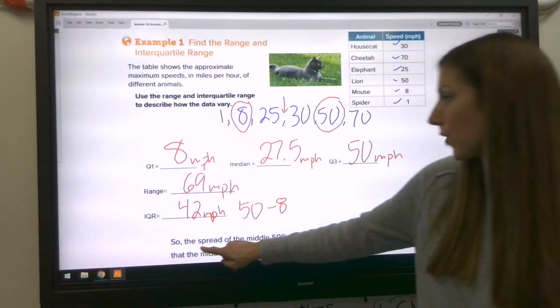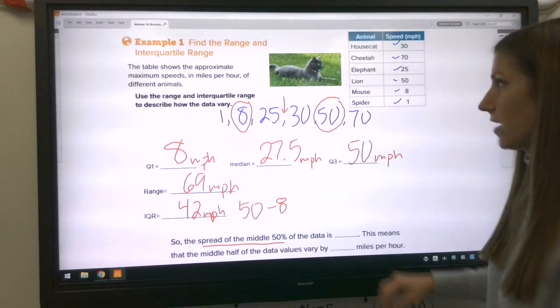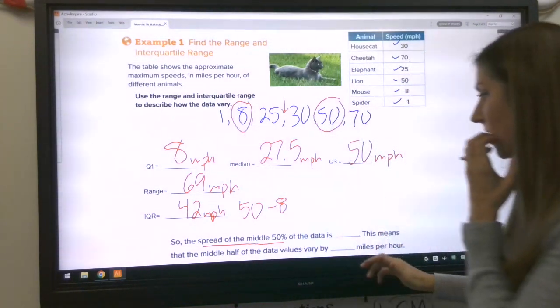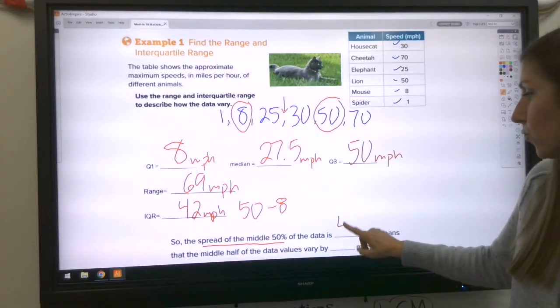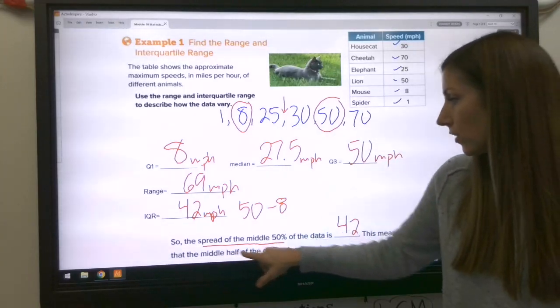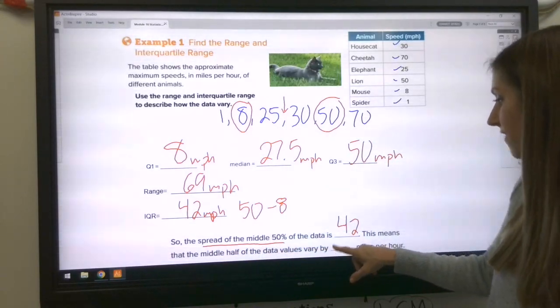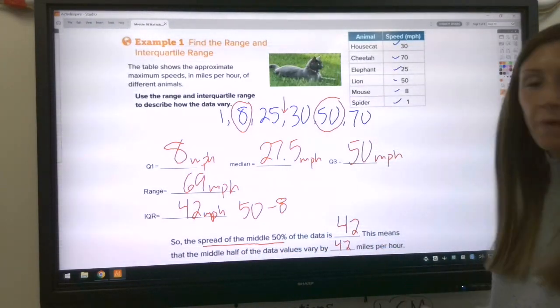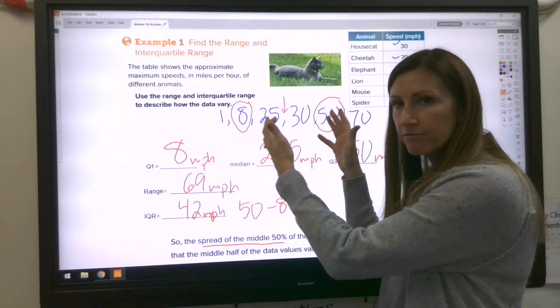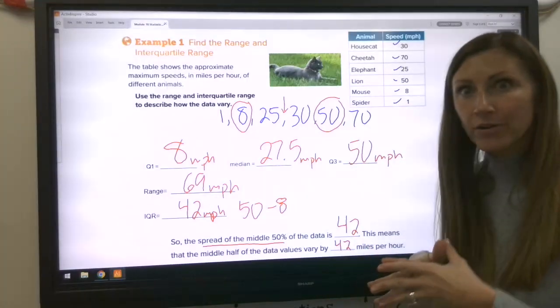So the spread of the middle 50%, there's our spread of our middle 50% of the data, is 42. This means that the middle half of the data values can vary by 42 miles per hour. So if you're in the middle, it could be varying by 42 miles per hour.